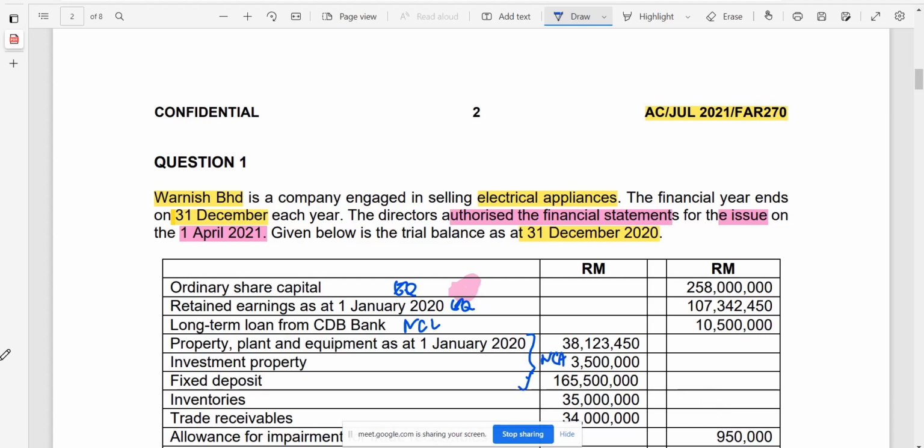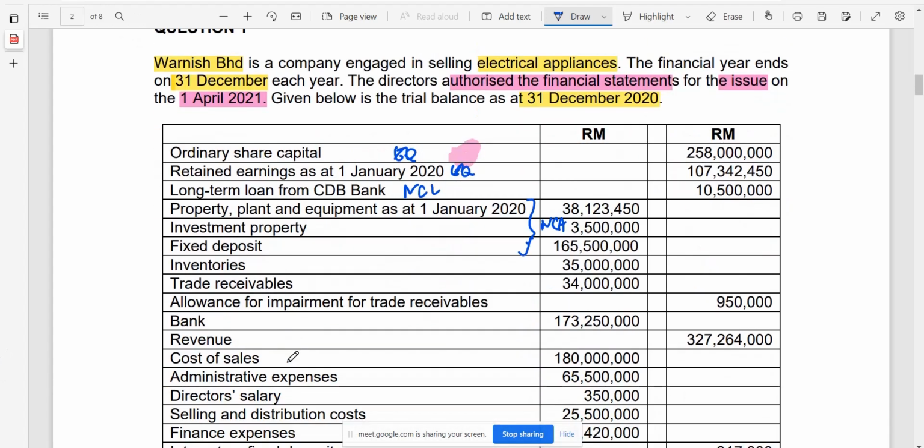Fixed deposit, if it is not stated, you assume this is more than a year. If it is stated, normally that is less than a year, that would be current asset. But here, no information. Our assumption is it is a non-current asset. Inventories, trade receivable, and bank together with the allowance, these are all current asset, right?